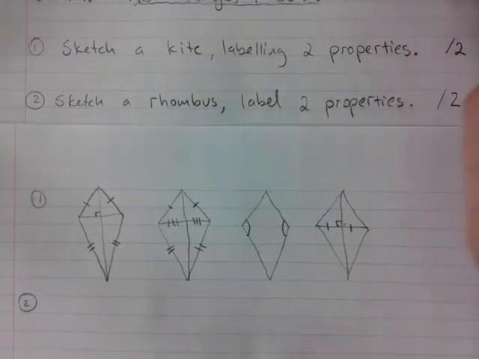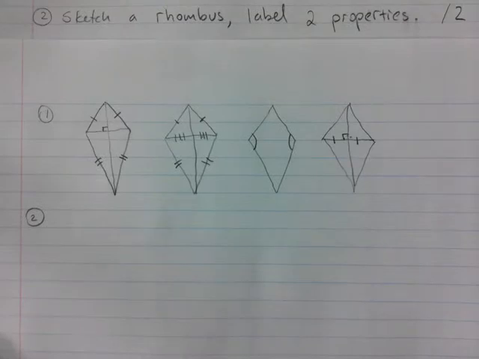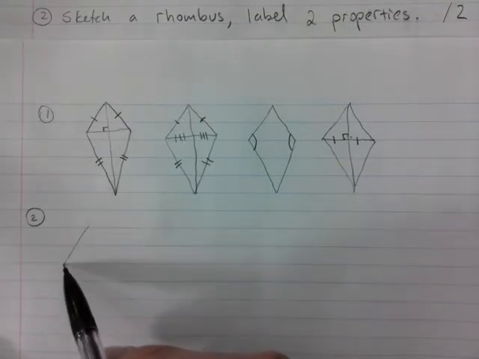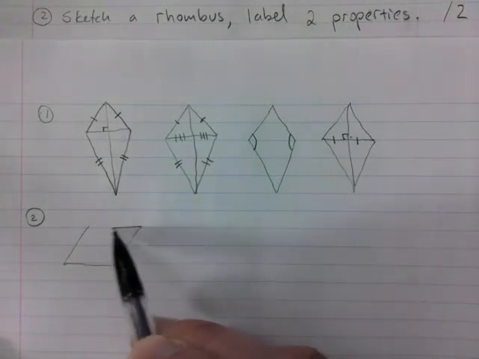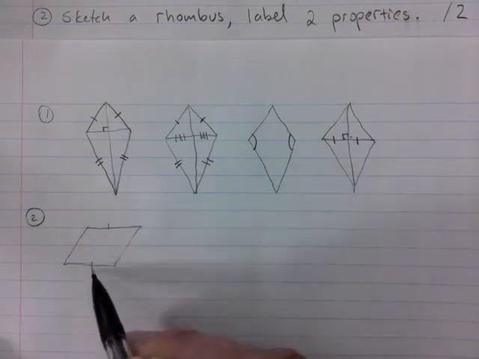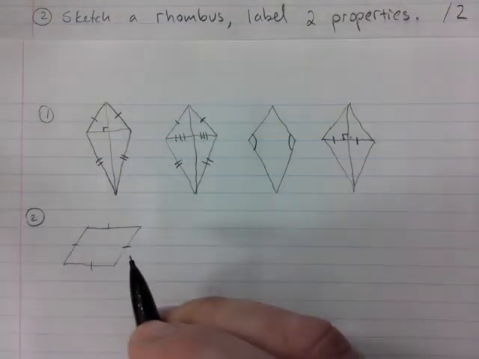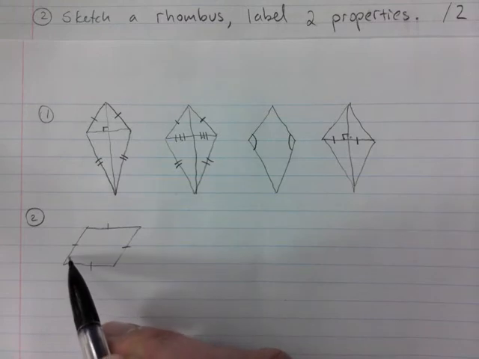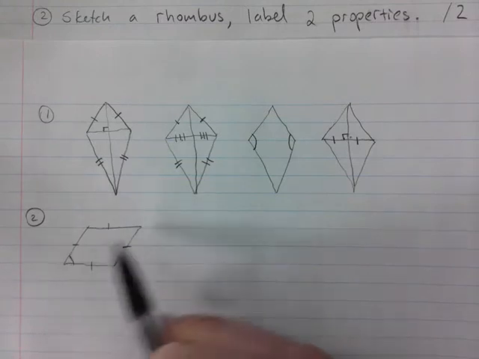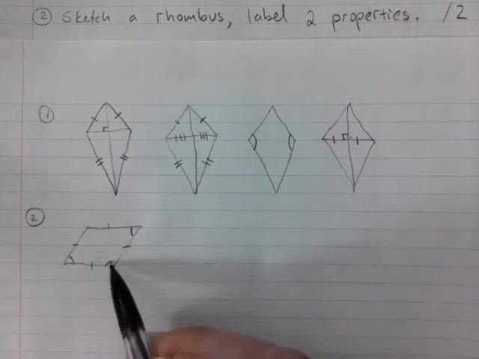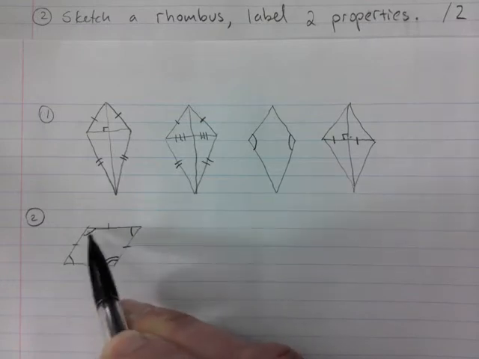The second question is a rhombus, right? Label a rhombus. So a rhombus is basically a slanted square. So option number 1 is saying that all 4 sides are the same in length. Maybe you want to talk about the fact that this angle and this angle is the same, and so are these two.